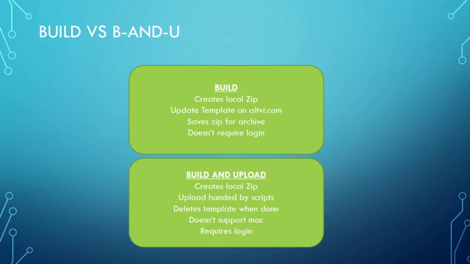If I build, then it's going to create a local zip. It'll put that template into a local zip file, whatever I name it. And then I have to go to altvr.com to upload that template. And then I have that saved. I have the template, the zip that the template's in.